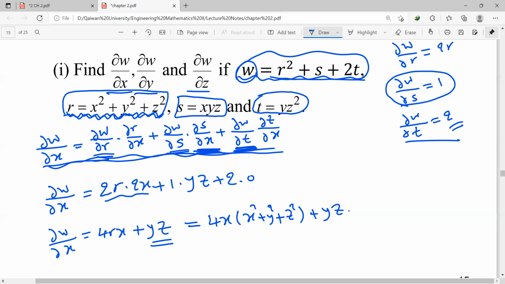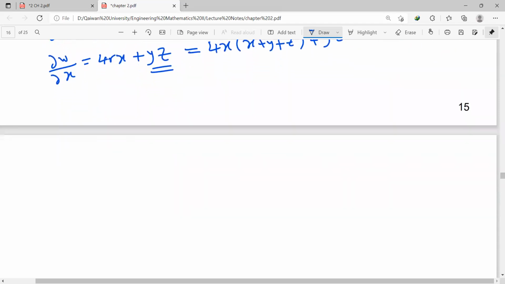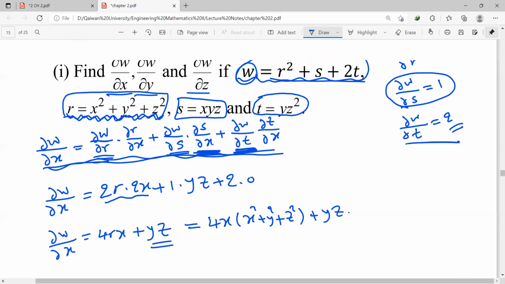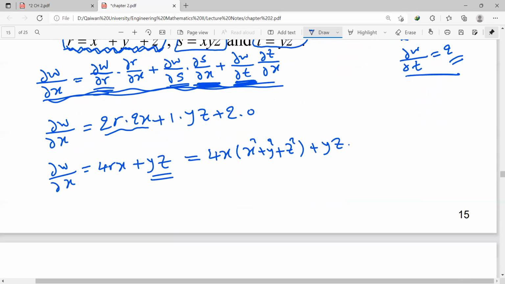Okay? And with respect to y, and also z, let's find the partial derivative of the function with respect to y.